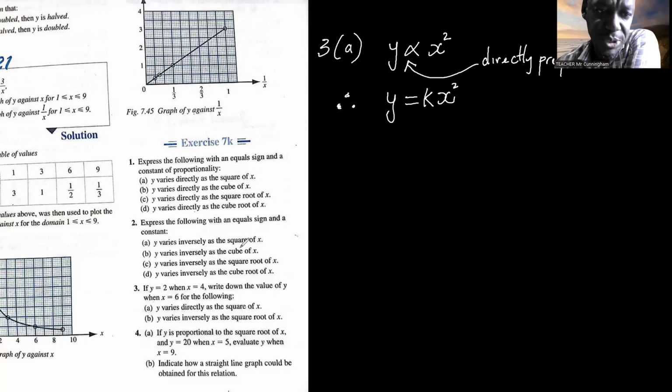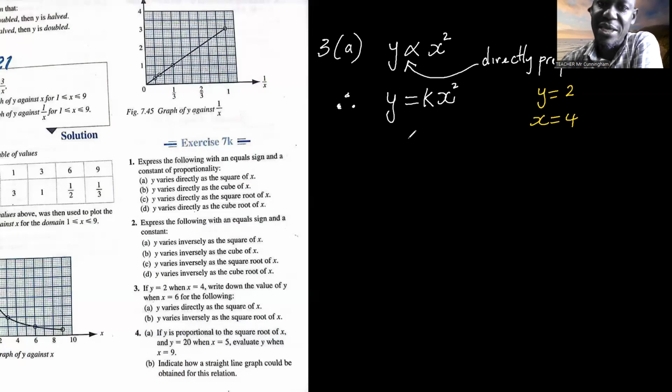But they told us in question 3, part A, that when y is equal to 2, x is equal to 4. So given that information, we need to find what k is. I'm going to substitute.